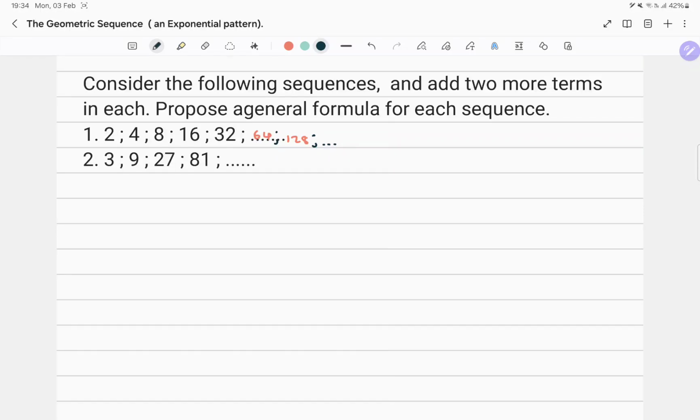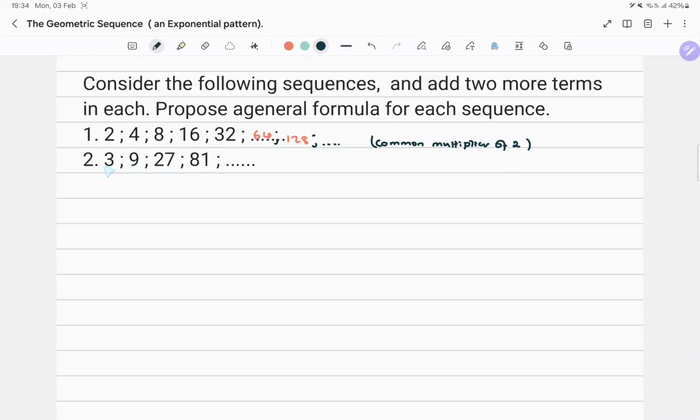And of course, this should go on and on and on. All right? Okay, so we have a common multiplier here. That's what we have of 2.